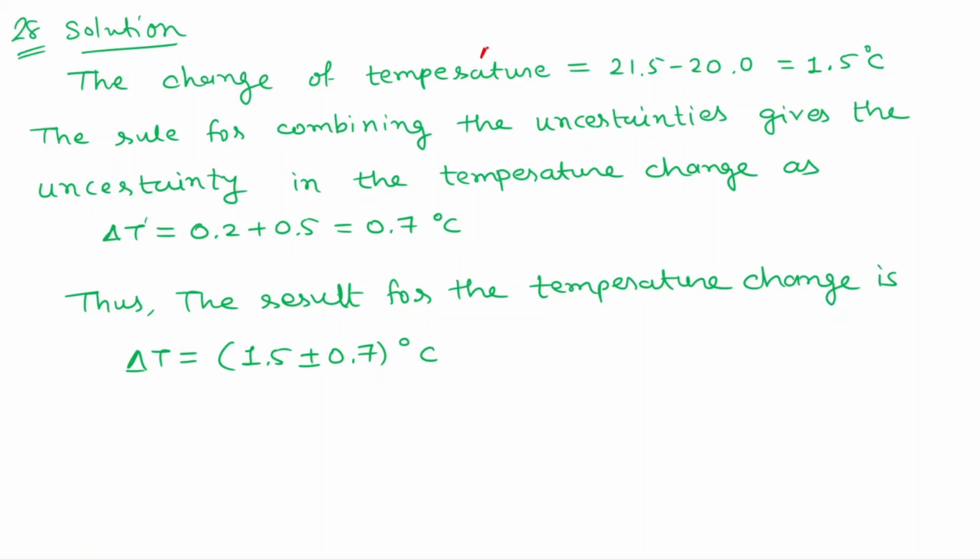So you just do delta T. It is about 1.5 degrees Celsius, but that is the actual value. For the uncertainty, you just add, and you get 0.7 degrees Celsius. The final result is 1.5 plus or minus 0.7 degrees Celsius.